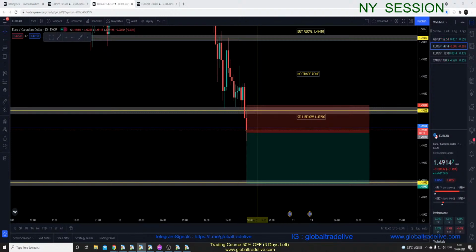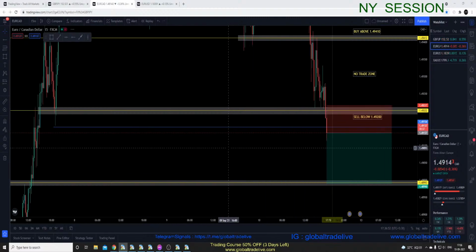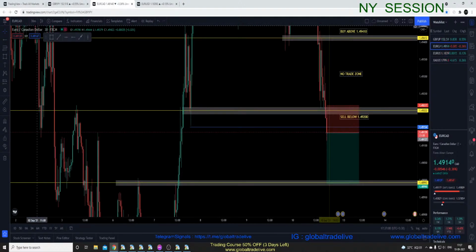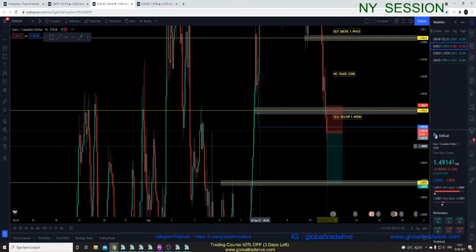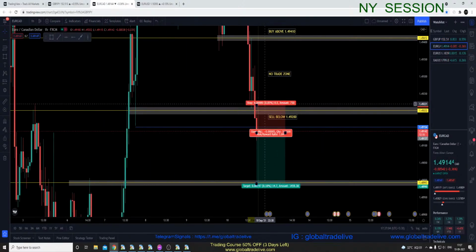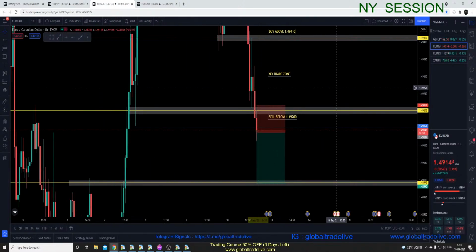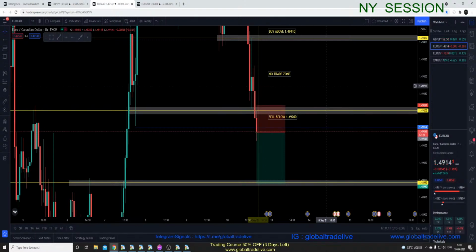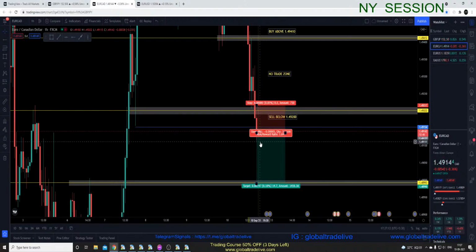That's all I can do. But let's hope that this will continue moving all the way down to this level. So that's why this trade is based on 1 hour. I think with volume it can really push down.